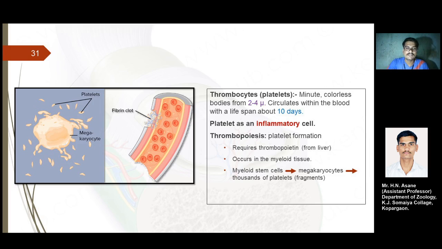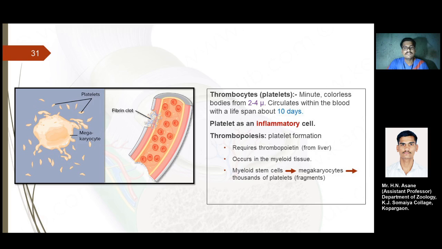How are these platelets produced? It requires thrombopoietin. Thrombopoietin is a chemical signal, or hormone, secreted by one of the major endocrine glands, the liver.